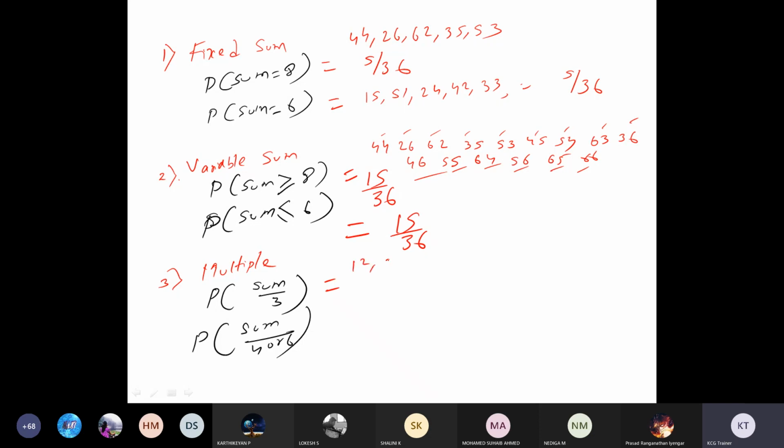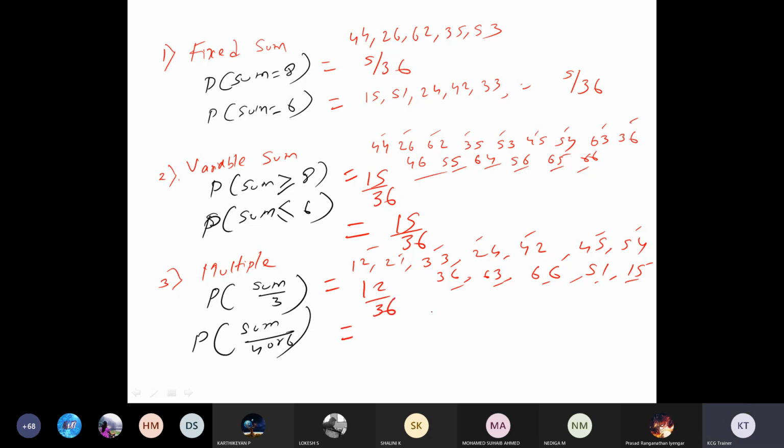You have 1,2, 2,1, 3,3, 2,4, 4,2, because these sums are a multiple of 3. Next you will have 4,5, 5,4, 3,6, 6,3, 6,6, 5,1, 1,5. Counting 1 to 12, your answer is 12 by 36.